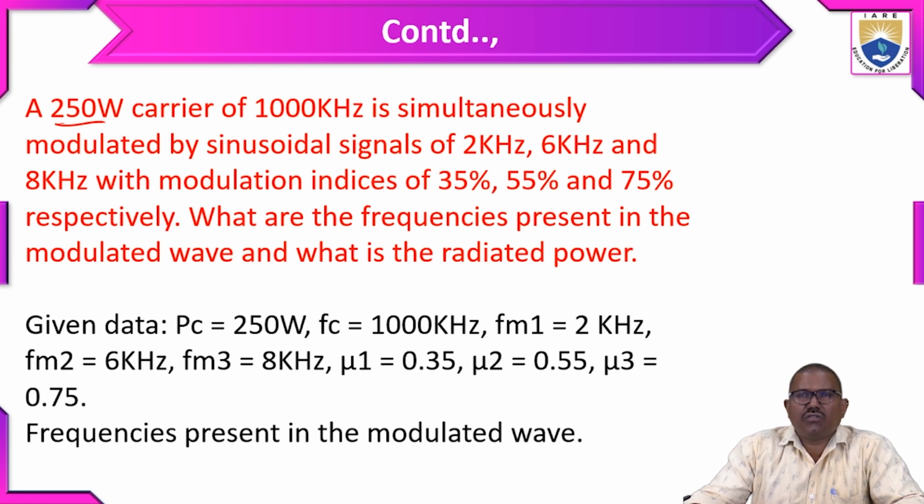And the respective modulation indices: mu1 is 35%, so 35 by 100, 0.35. Second one 55%, 55 by 100, 0.55. Third one 75%, 0.75.